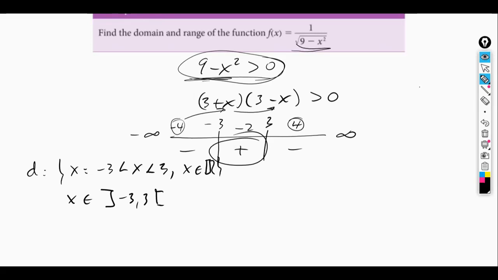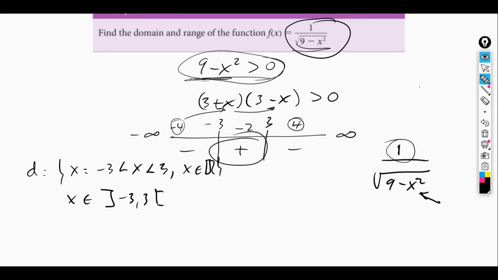For the range, we have to think about the function itself. So if we have 1 over square root of 9 minus x squared, what would be the lowest point on the graph of this function? Because this is a fraction, and you have a 1 here. When will this fraction be the smallest? Well, it'll be the smallest when the denominator is the largest.